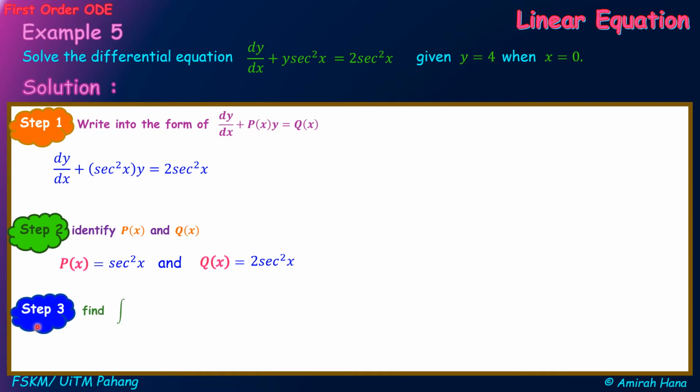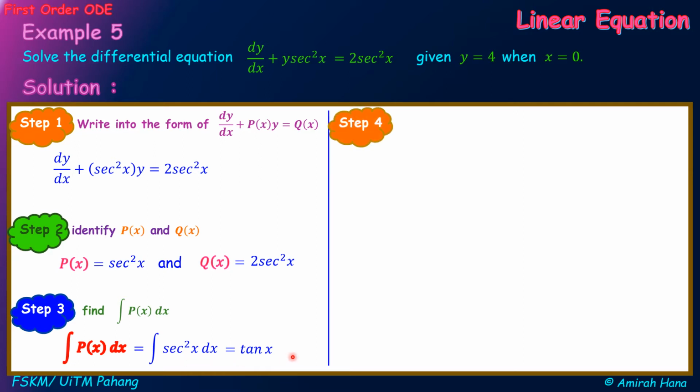After that, we continue with step 3: find the integration of P(x) dx. Replacing P(x) with sec squared x, we have the integration of sec squared x dx. We have a direct formula for this: the integral of sec squared x dx equals tangent x. Plus C, but there is no need to write plus C because we have not finished our solution.